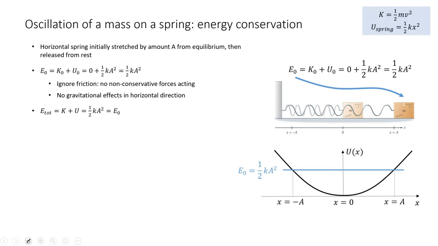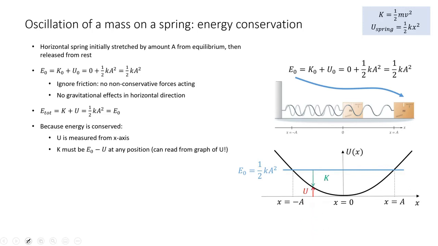Okay, and so then at the bottom here, I have a plot of the potential energy. The spring potential energy is a function of x position, so displacement from equilibrium. And you can see that the maximum value, the total value of energy, is given by this blue line here. It's a horizontal line at 1/2 kA squared.